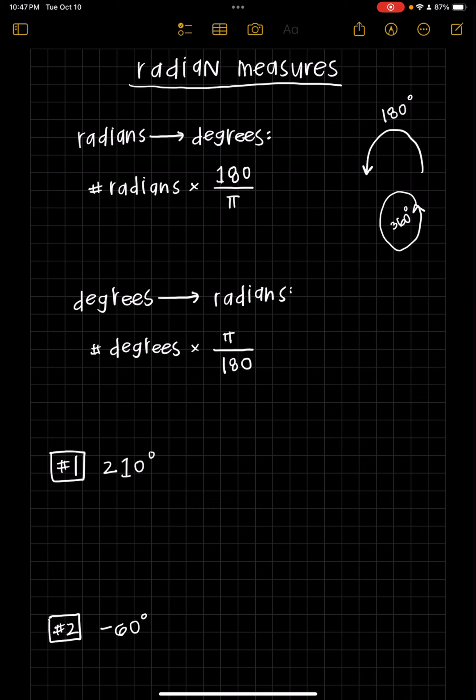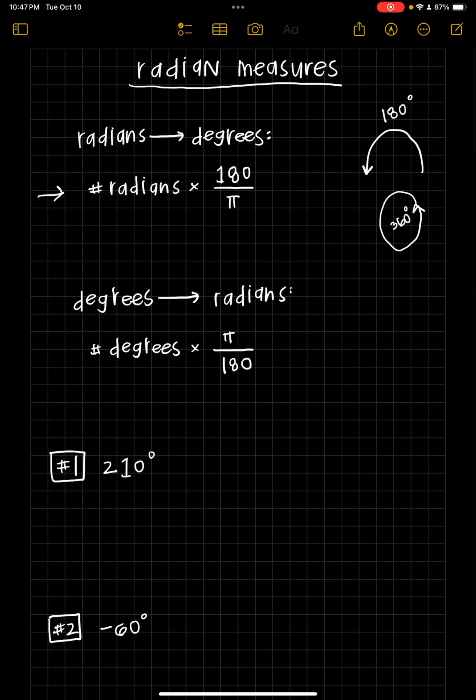So in this self-check, what we're going to be talking about is how to convert between radians and degrees and degrees and radians. There are two different equations that we need to use. The first one goes, if we're given something in radians and we want to convert it to degrees, we're going to use this top equation, where we take the number of radians, whatever it gives us, and multiply it by 180 over pi.